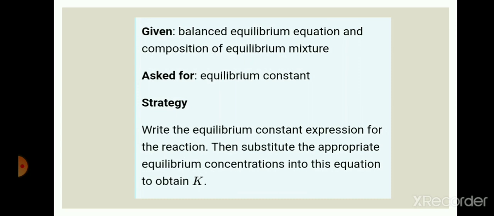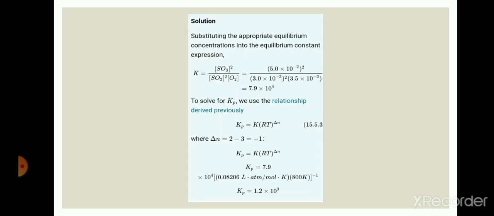The given is the balanced equilibrium equation and the composition of the equilibrium mixture. What is asked is the equilibrium constant. The strategy is to write the equilibrium constant expression for the reaction, then substitute the appropriate equilibrium concentrations into this equation to obtain K. Here is the solution.